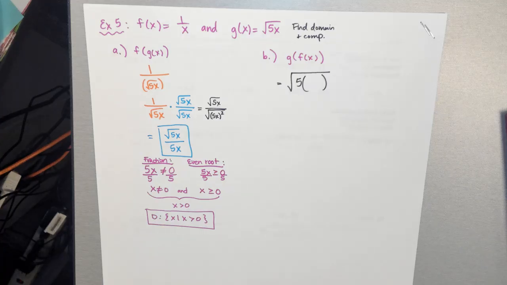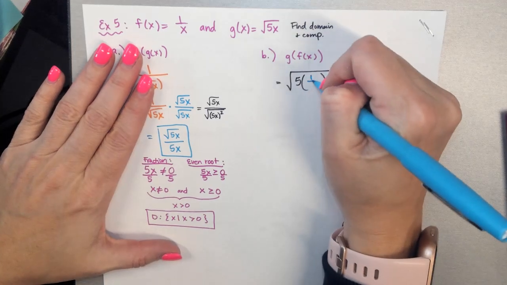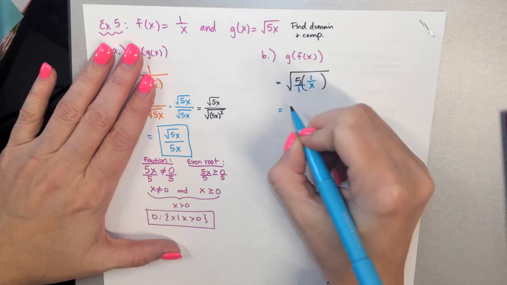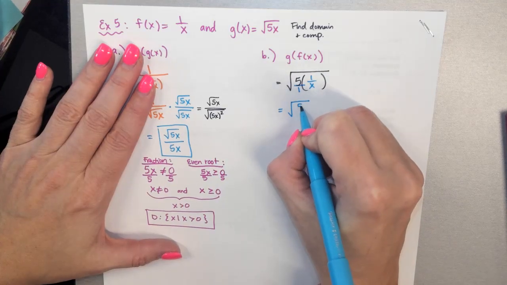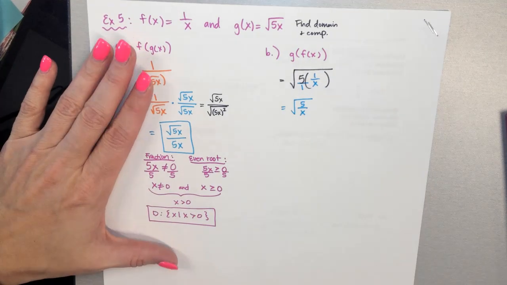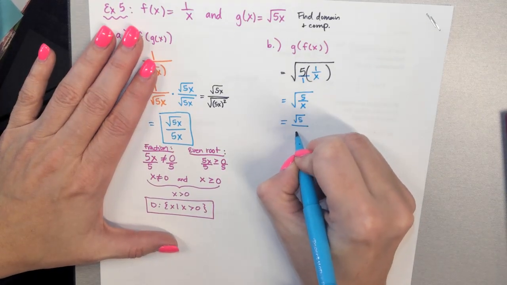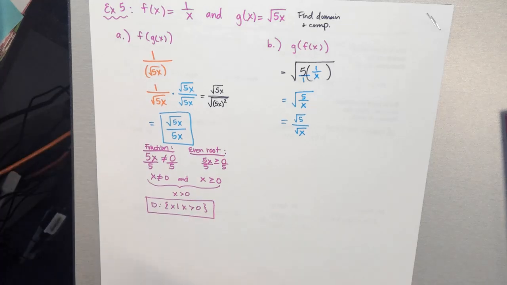Okay, so when you multiply 5 by 1 over x, remember that this is over 1. Fractions you multiply straight across. So you get 5 over x, and then you are going to simplify. Root 5 over root x.